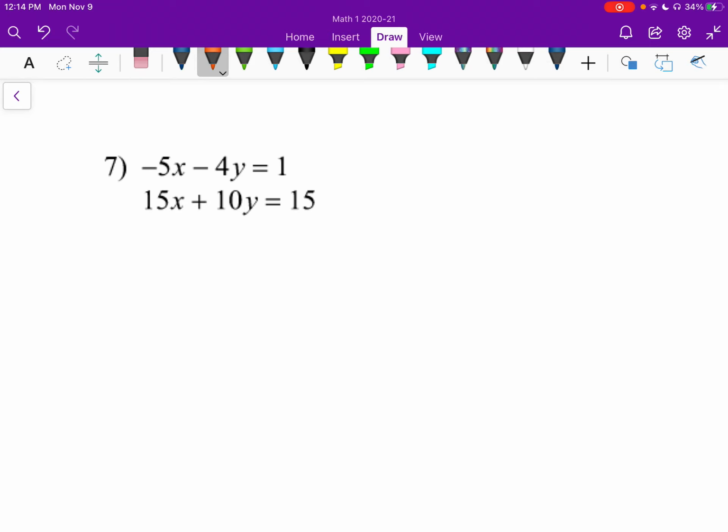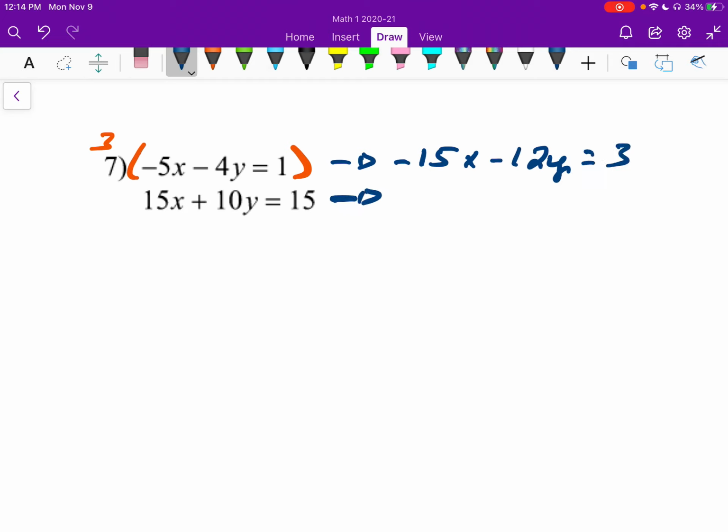Let's do that. Let's multiply by 3. So that will turn into -15x minus 12y equals 3. The bottom equation stays the same, and I have 15x plus 10y is 15.